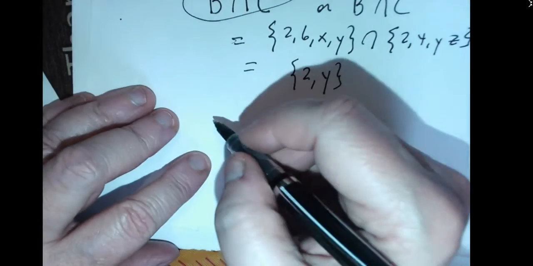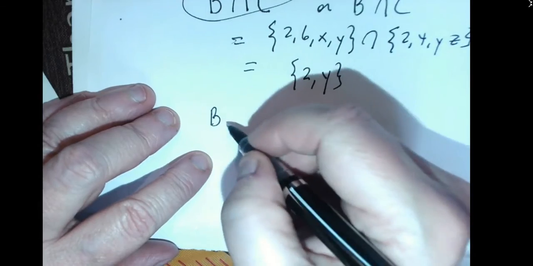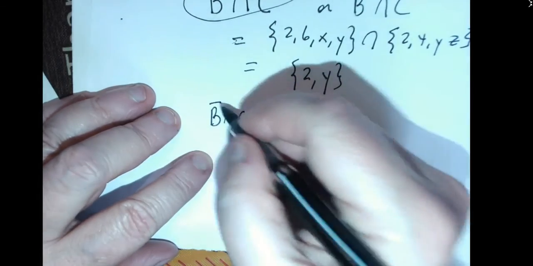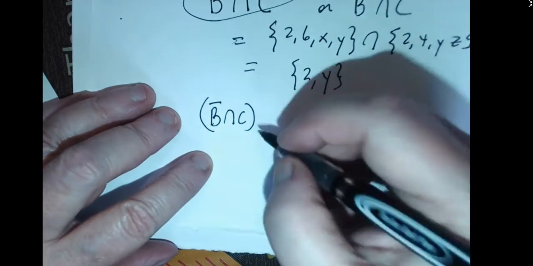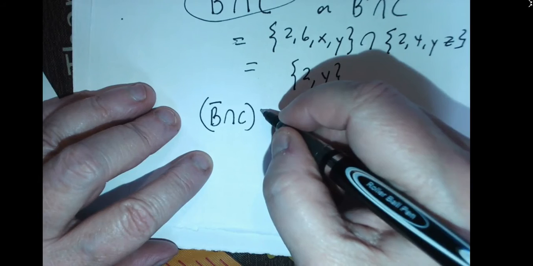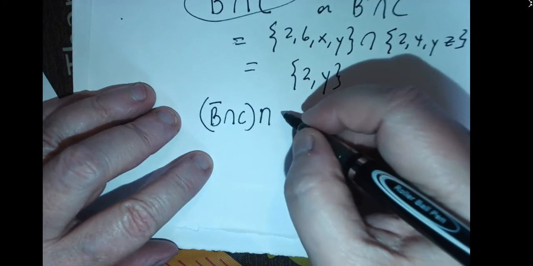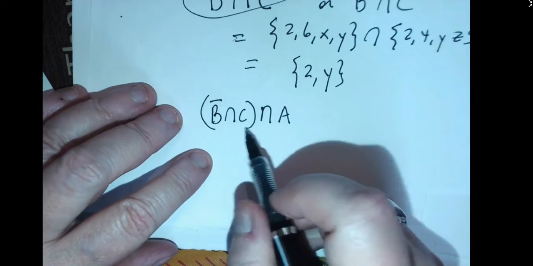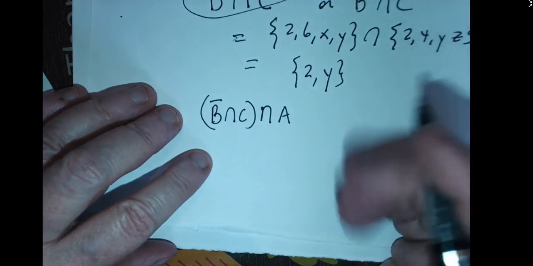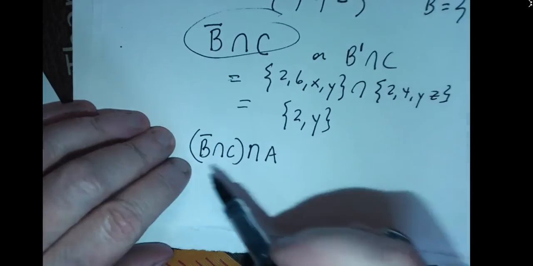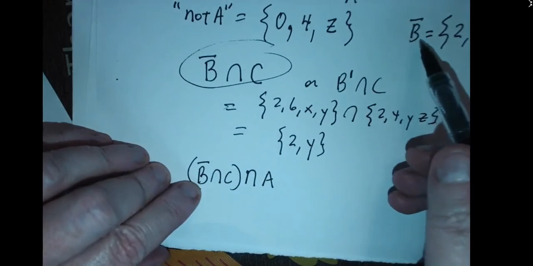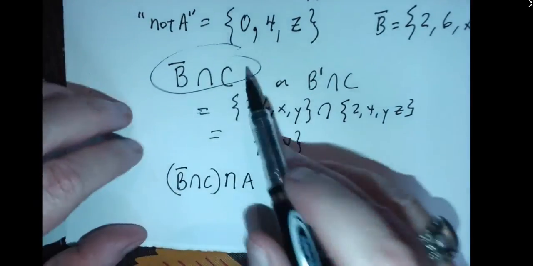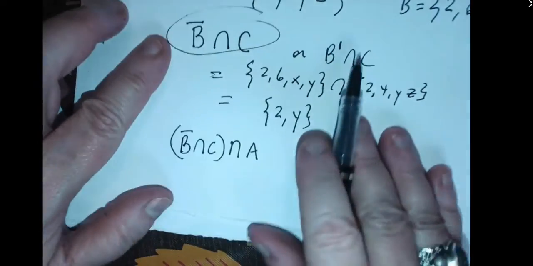So what if you have, I don't know, something like that. Well, again, you do the parentheses first. And if I was going to do the parentheses first, well, then I would have had to have done the complement of B first and then C. But I've already done this. Okay.